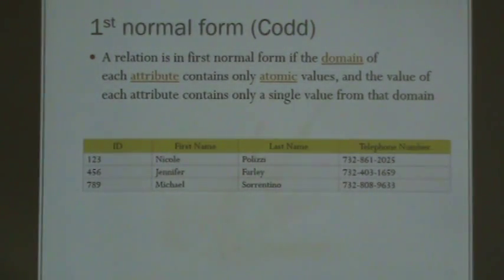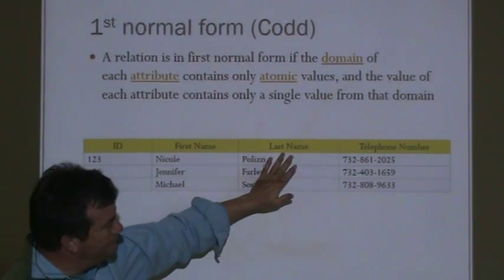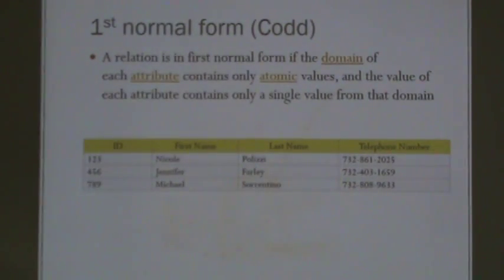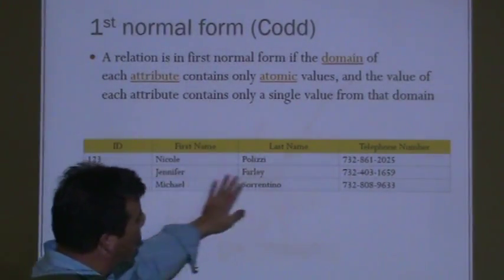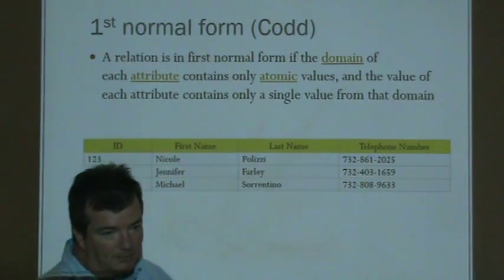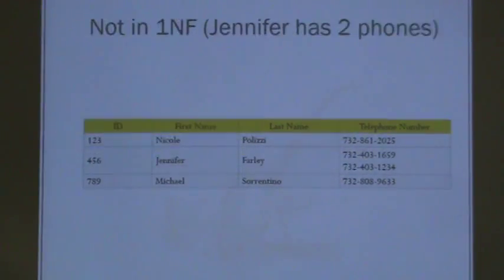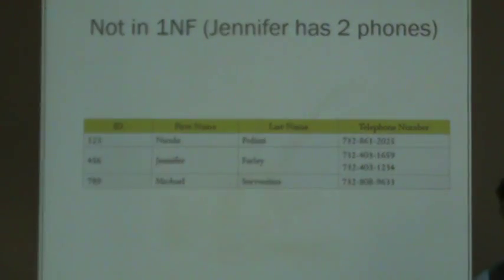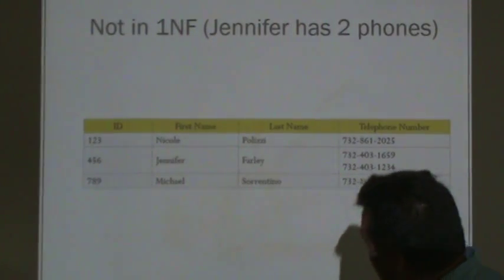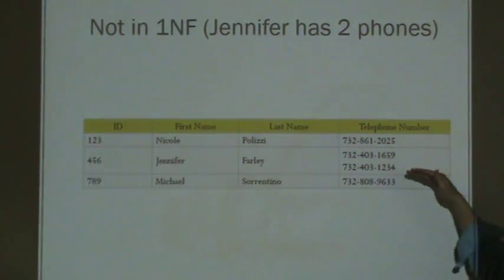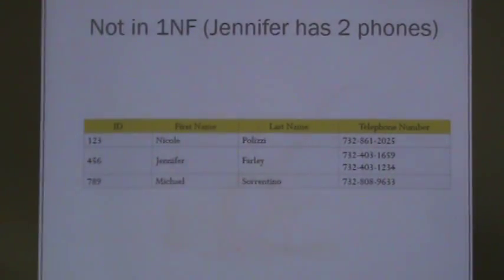So, for example, this table would not be considered in first normal form because a person could have multiple phone numbers. If a person was to get a second phone number, in this case Jennifer got a second phone number, we'd have to put 2 phone numbers here.